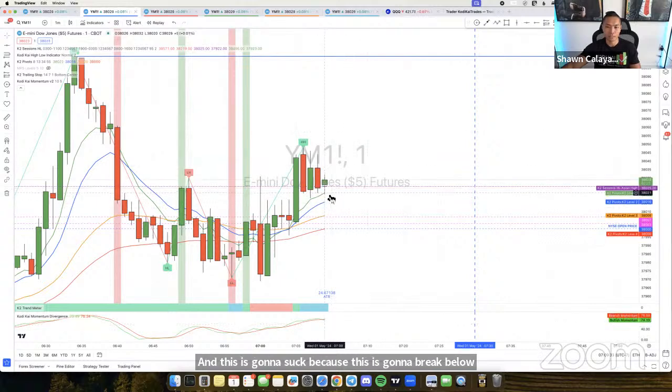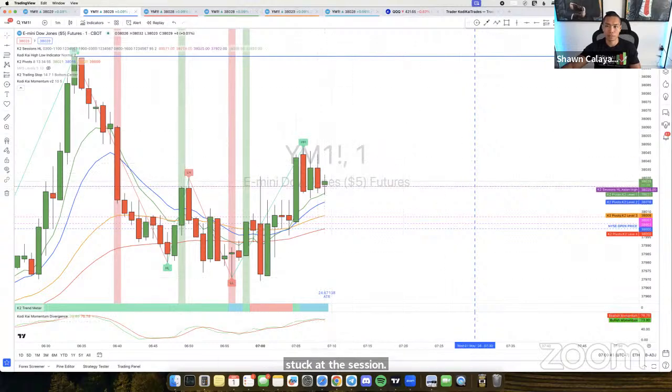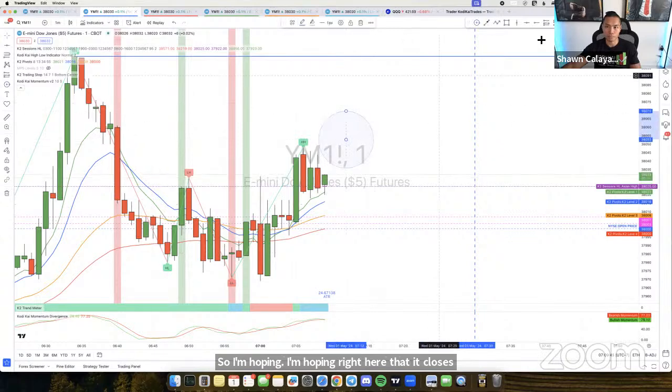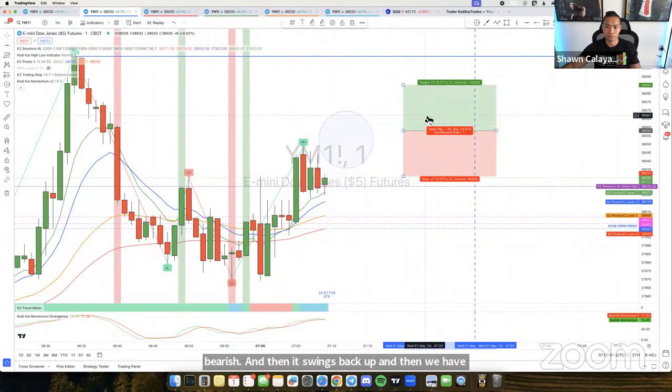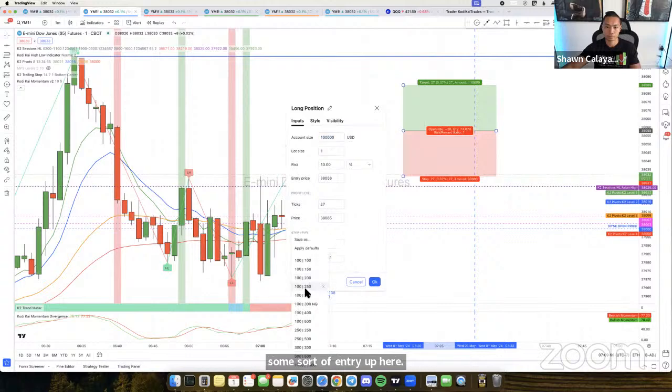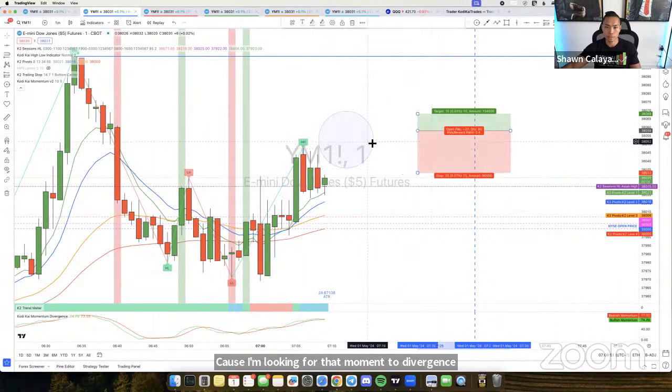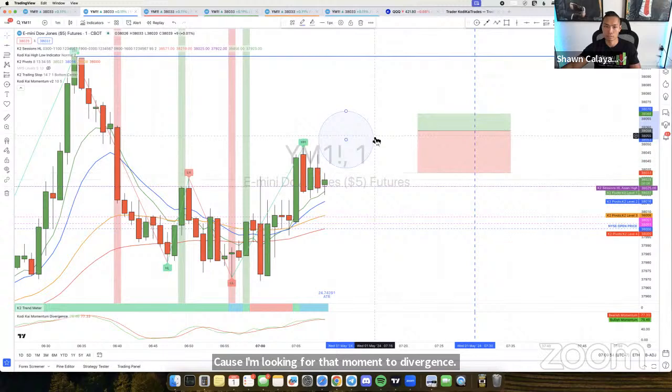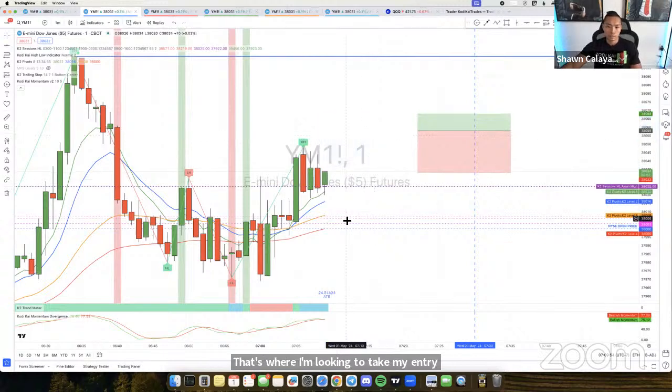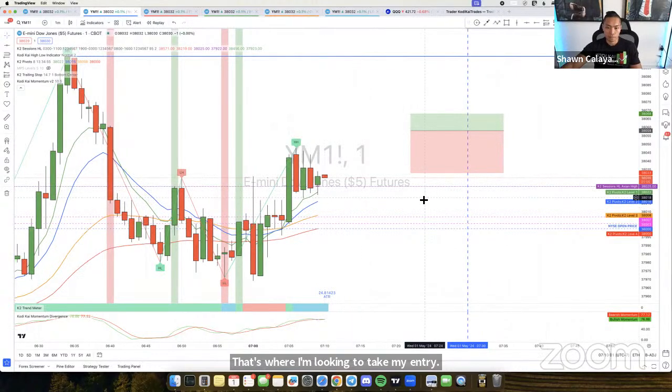So I'm hoping right here that it closes bearish and then it swings back up and then we have some sort of entry up here, because I'm looking for that momentum divergence. That's where I'm looking to take my entry. I don't want to be anywhere near the sessions right here.